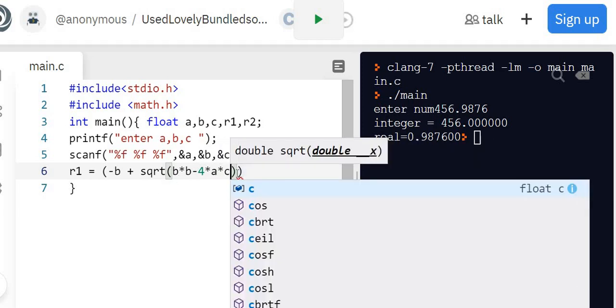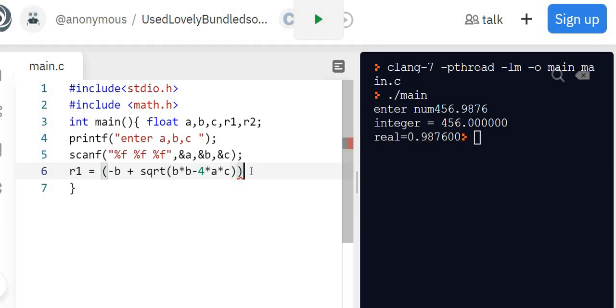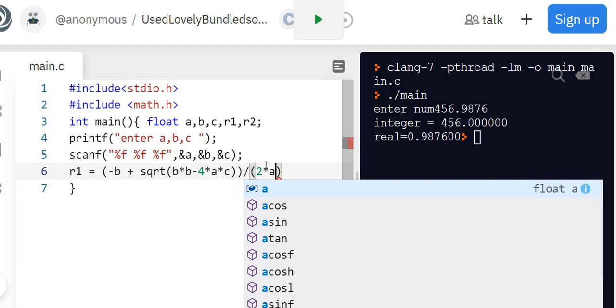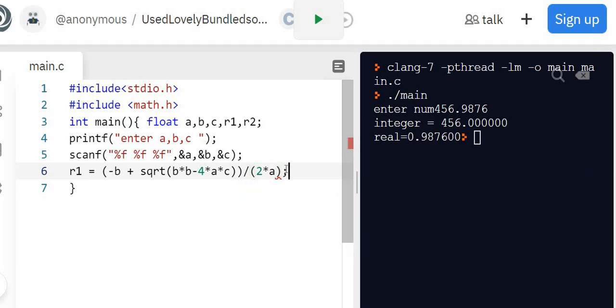Then after this complete bracket b square minus this, we have to do bracket 2 star a. This is the first equation.